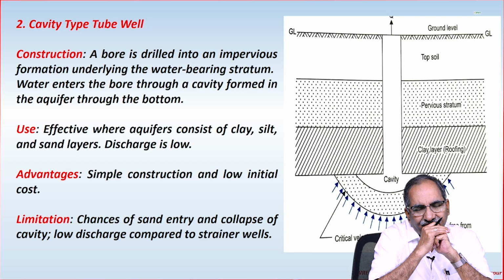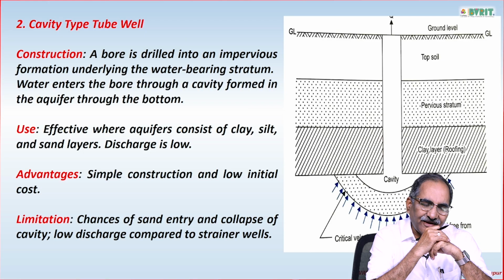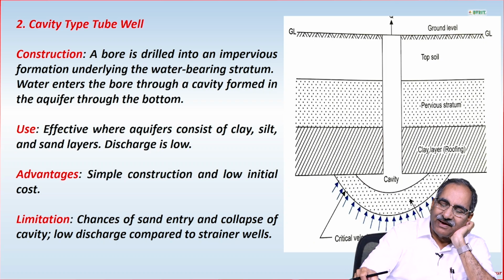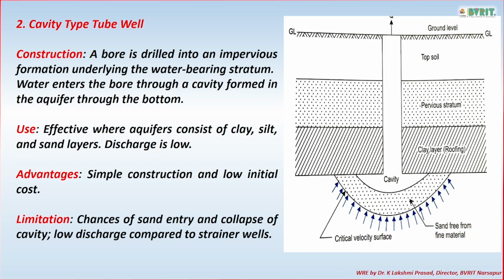The second type of tube well is the cavity type tube well. In the cavity type tube well, it is purely a blind pipe, but at the bottom it is open. Because of that opening, naturally a cavity-like portion is formed at the base.